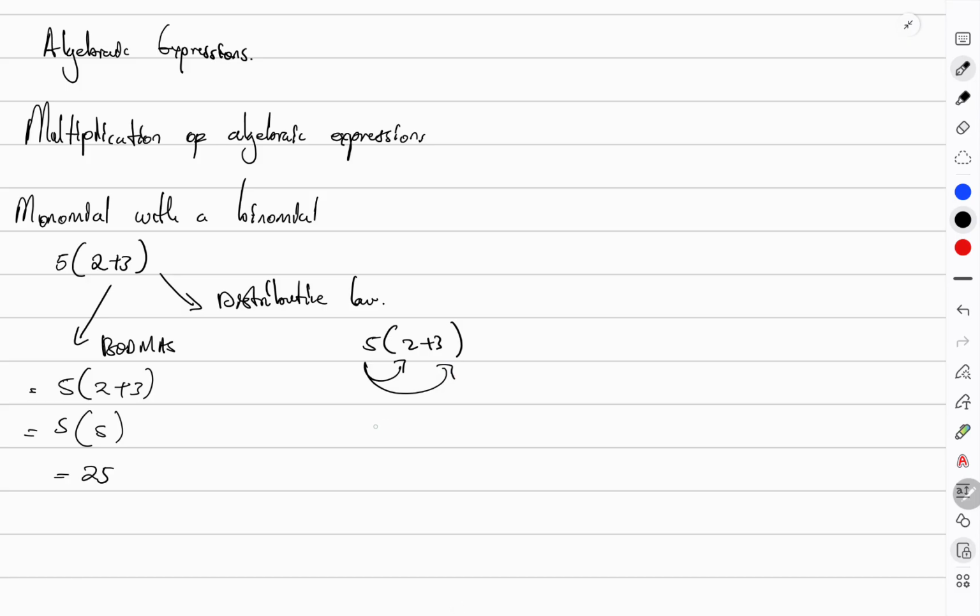What is 5 times 2? I'm going to have a 10 plus, and what is 5 times 3? I'm going to have a 15, and what is 10 plus 15? I'm having a 25. So when I use BODMAS, I got 25. When I use distributive law, I still got 25. It means the answers are going to be the same regardless whether I use BODMAS or distributive law.